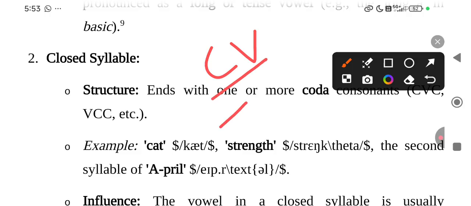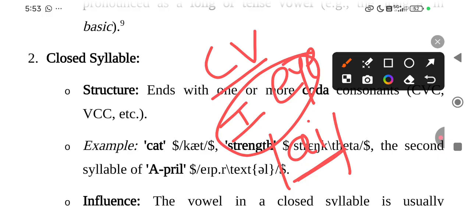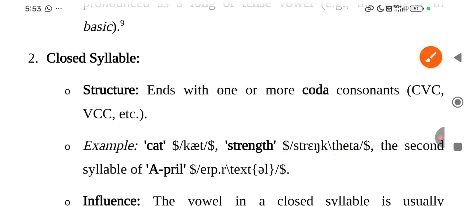Even "I" is an open syllable. Both syllables in this word are open because the sound is open.